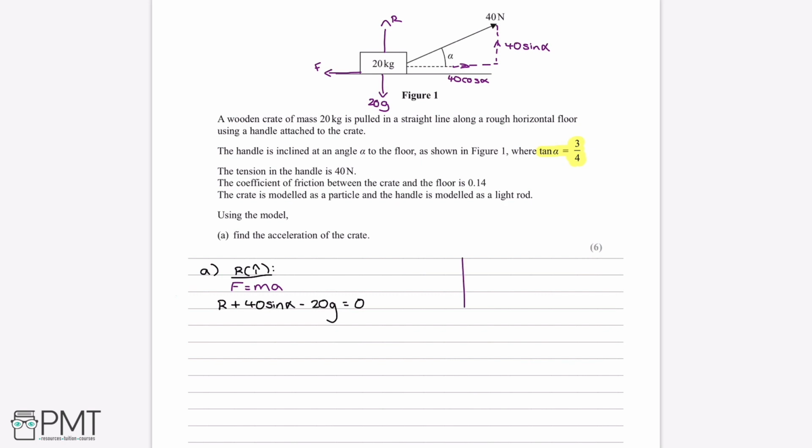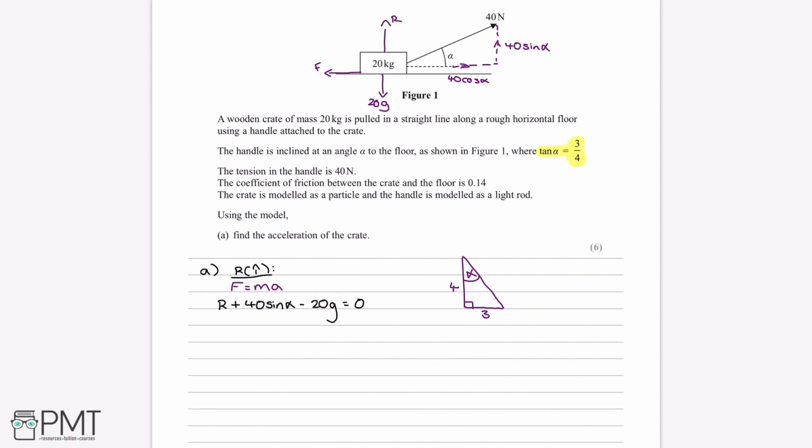So if we drew a triangle like this, where this is the right angle, and if we just call this angle alpha, it doesn't really matter which of these two angles we call alpha. If tan alpha in general is equal to the opposite over the adjacent, and we've been told here that it's equal to 3 over 4, this means that the opposite must be 3 and the adjacent 4, because here we can see that tan alpha would be equal to 3 over 4, which is what we've been told.